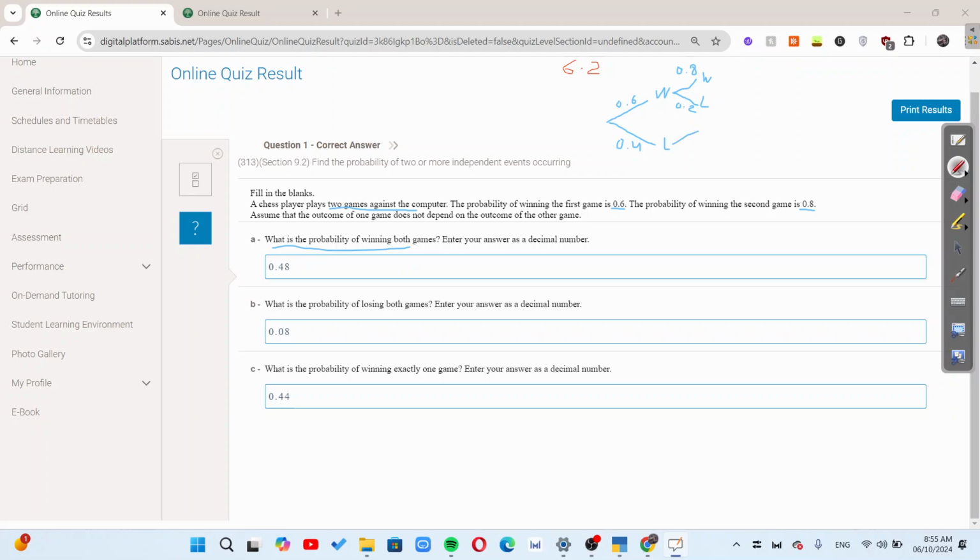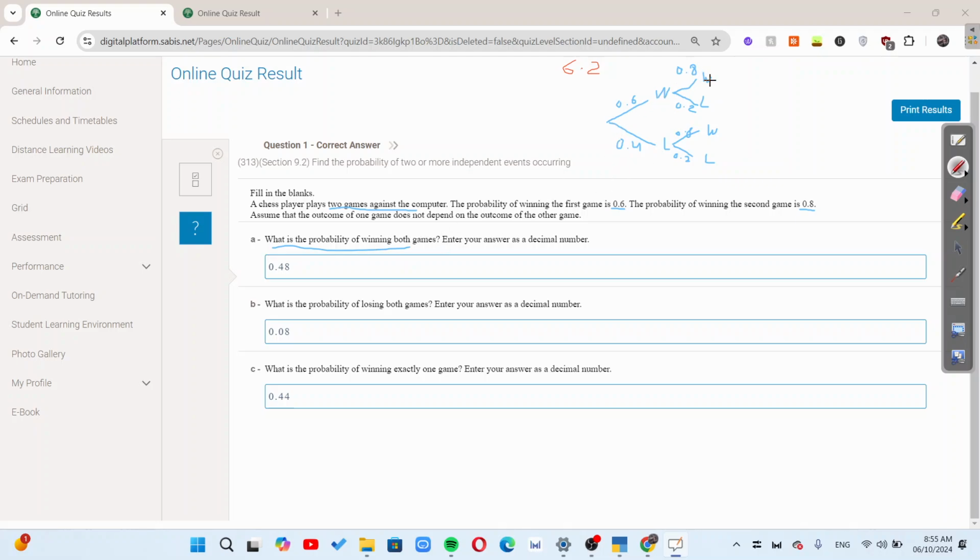So let's do that again: 0.8, 0.2, win, lose.